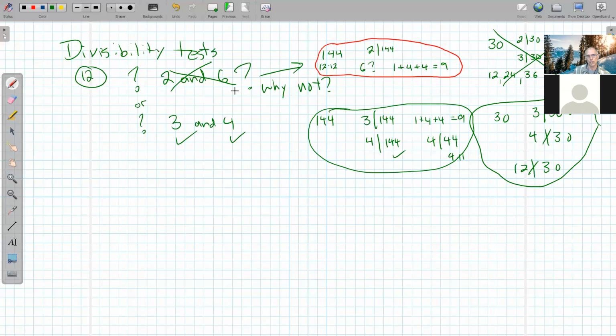Okay. So again, where does this test come from? Well, we know that 12 is equal to 2 times 6, but it turns out we couldn't use that fact to make a new test. We know that 12 is equal to 3 times 4, but it turns out this is a valid test for 12. So does anybody have a thought as to why 3 times 4 worked to test 12, but 2 times 6 did not?